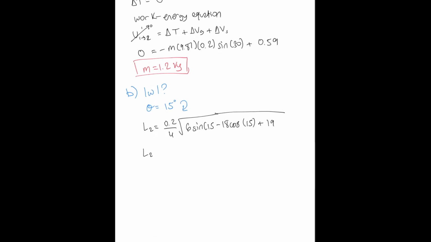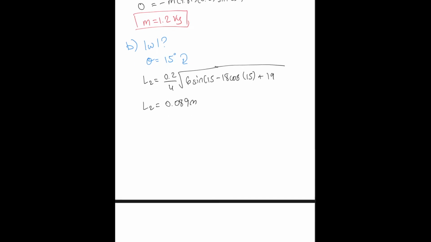That's going to give us an L2 of 0.089 meters. Now the change of length in the spring is 0.089 minus the unstretched length, which is 0.05, giving us a value of 0.039 meters.